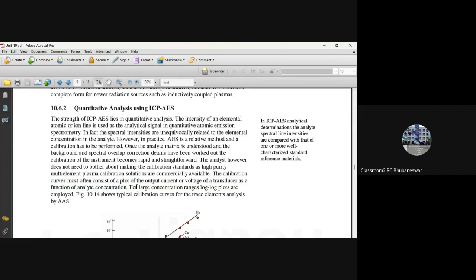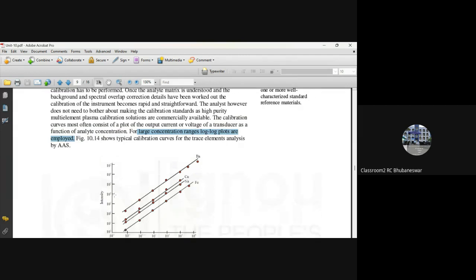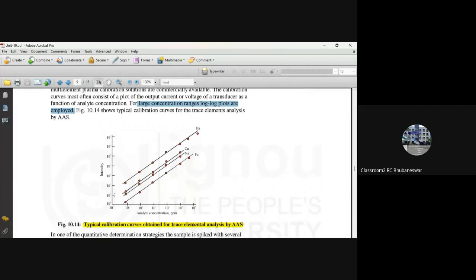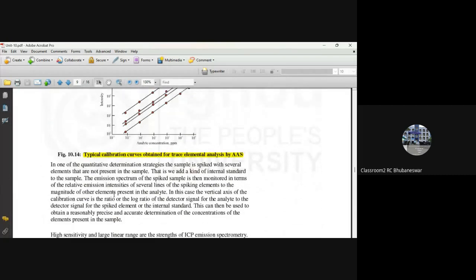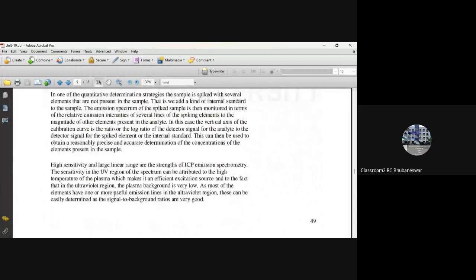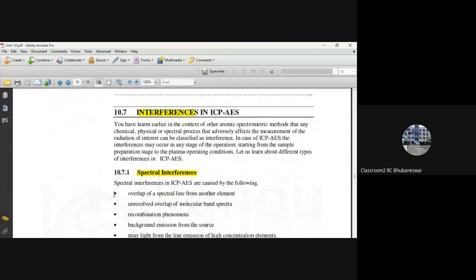For a large concentration range, log-log plots are also employed because of the clarity. If fewer samples are there, it's fine, but if more samples are there, you can go for log plots.